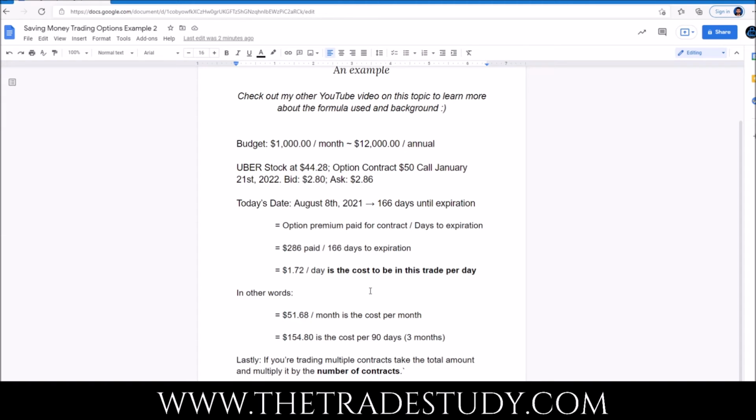And the last part that's super important is if you're trading multiple contracts, because this actually is only an example of one individual contract, but let's say you're trading two contracts instead of one. You have to take this total amount per day, per month, and multiply it by the number of contracts.